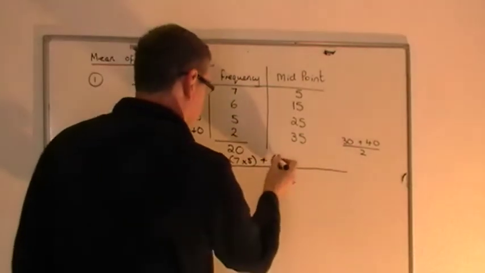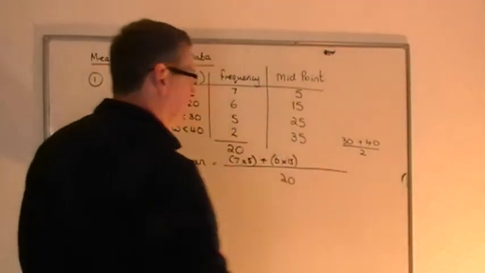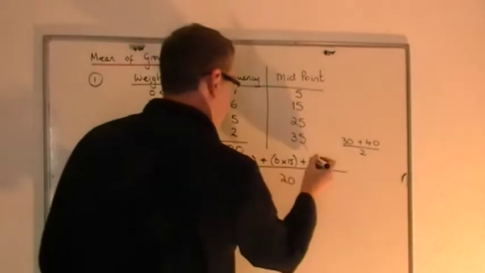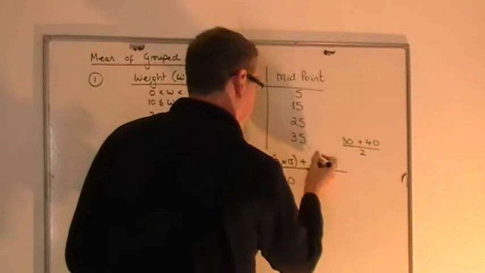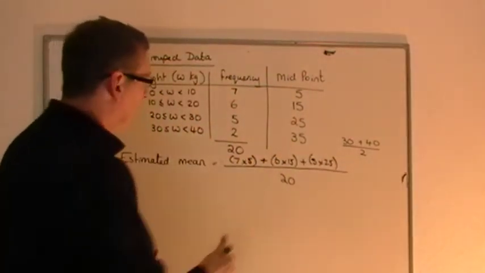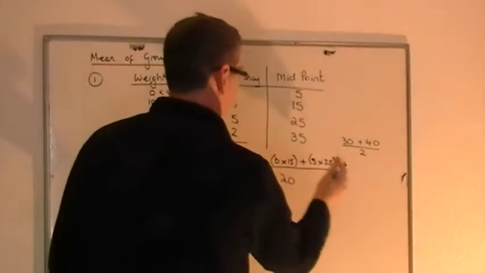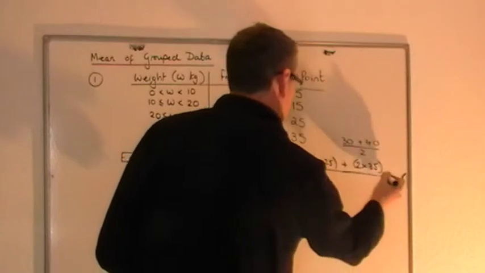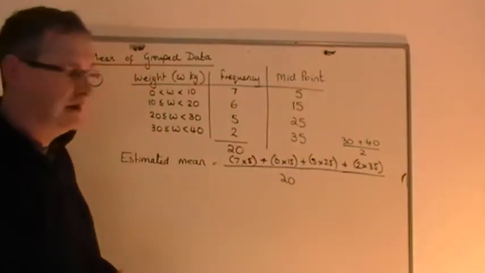So you say we've got 6 lots of 15 kilograms. Plus you've got 5 items and they are about 25 kilograms each. So you've got 5 lots of 25 to add together. Plus you've got 2 items, 35 kilograms. So you've got 2 lots of 35 kilograms. Extend that on. And there you go.